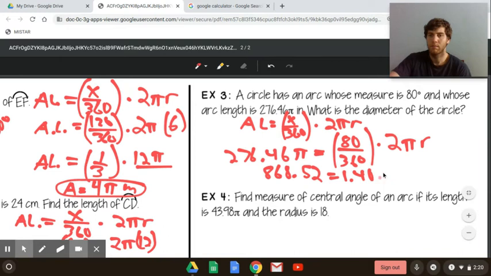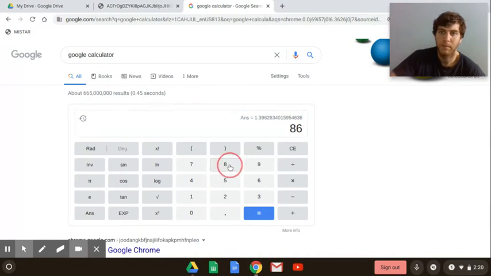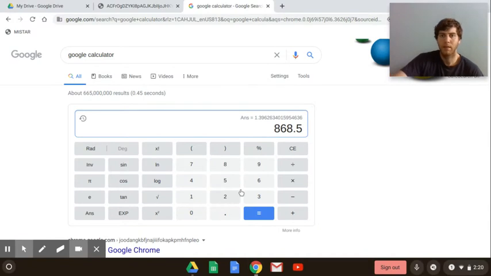times r. We're trying to solve for r, so we have to divide both sides by 1.40. So 868.52 divided by 1.40, which was our answer, is going to give us 622.0.